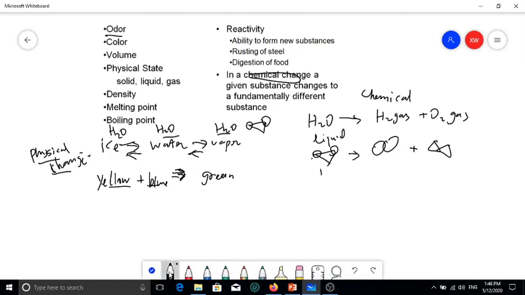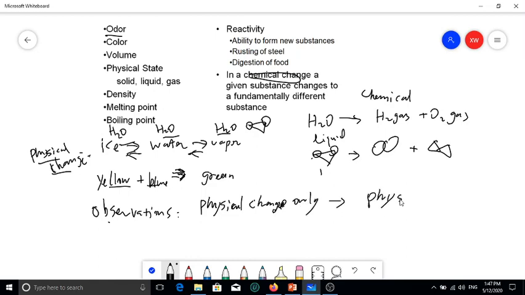If you see observations like odor change, phase change, color change, and you believe those are just normal physical changes, you don't believe anything chemically has been changed, or that the chemical has become different, then you say, okay, that's a physical change. Sounds very obvious.